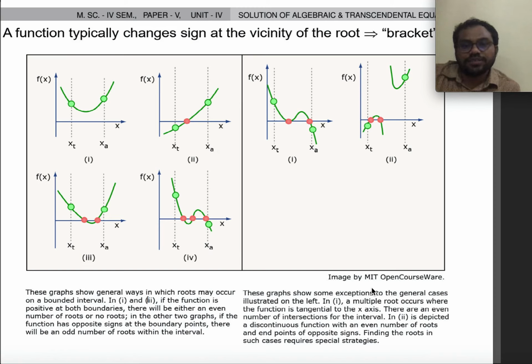But there are some exceptions to this general rule, which says that suppose we are taking the function with opposite sign in the boundary, then the function may have even number of roots if the function is tangent to the x-axis or the function is a discontinuous function. These are the general ways in which root may occur on a bounded interval. So in bracketing method, what we do? We bracket the interval in which root may lie.